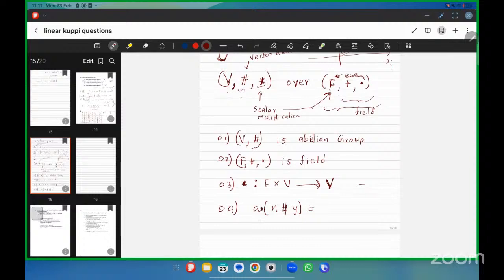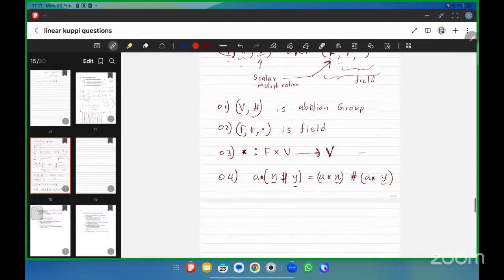A star, X sharp Y, so we can write A star X sharp A star Y. X and Y are vectors, and A is a scalar. If we scalar multiply A with X, we get a vector, so we have to do a vector addition with A star Y.